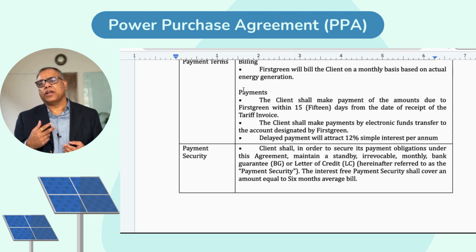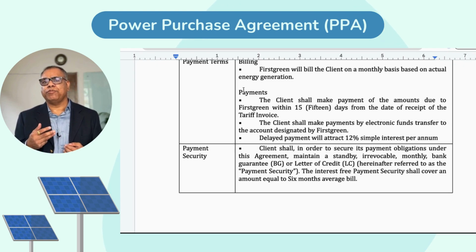At times, you have payment security requirements, which is also a very important aspect for banks and financial institutions. What if the off-taker fails to pay you back? If you are raising an invoice and the off-taker is not paying you, what are the payment securities? Typically, the developer asks for payment security from the off-taker.